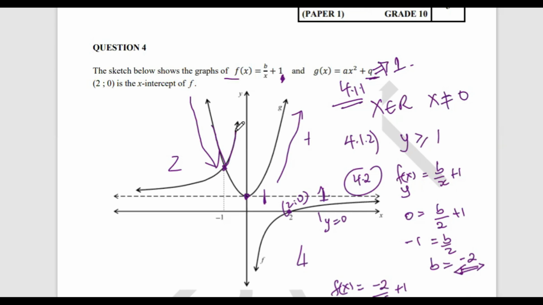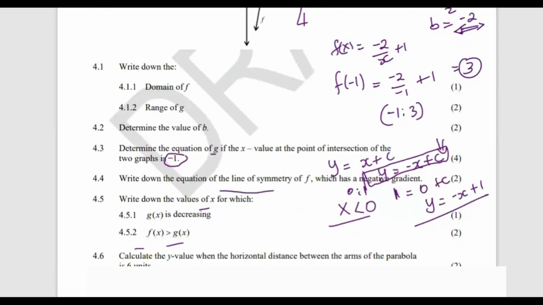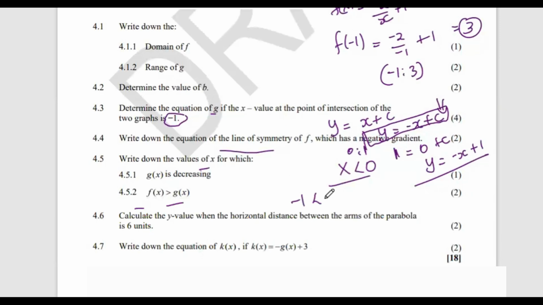F will be above, because if this graph continues, that's how it's going to be. It's going to always be above the g. In this case, it's below. So let me just say between negative 1 and 0, because after that, both graphs are just increasing. So I'll say negative 1 is less than x, and x is less than 0. So those are the intervals that I need to get.